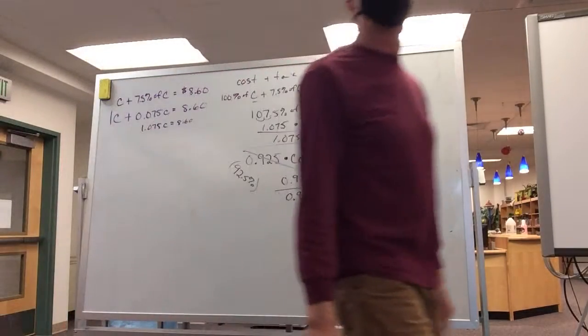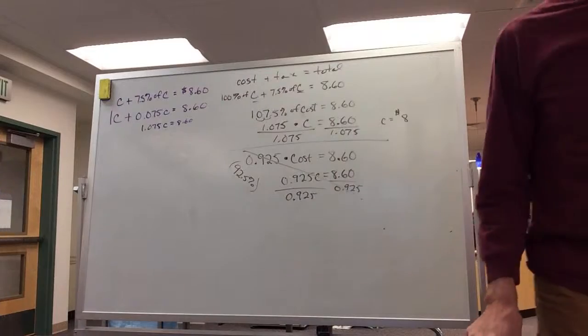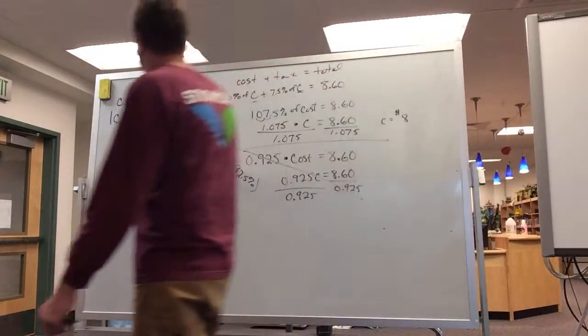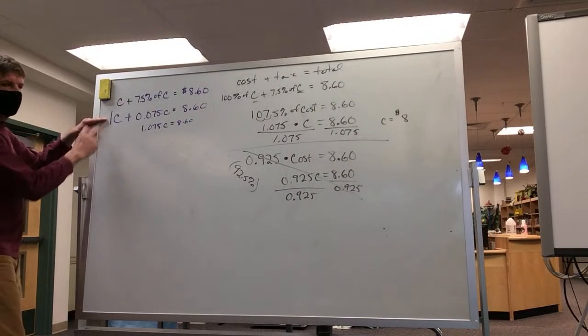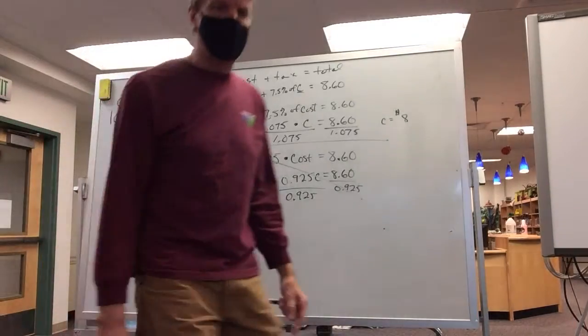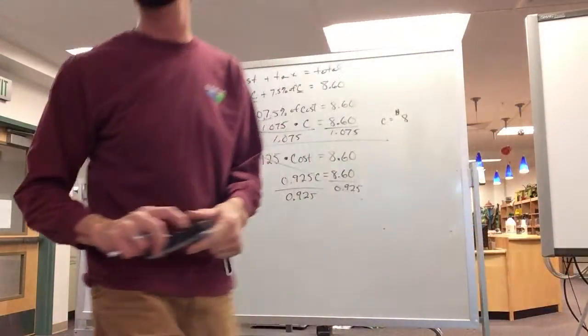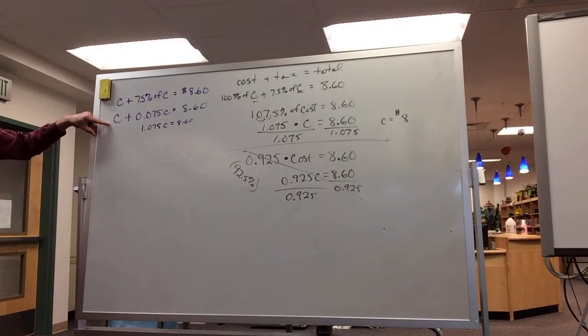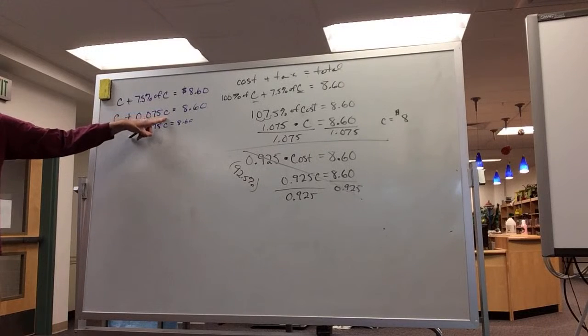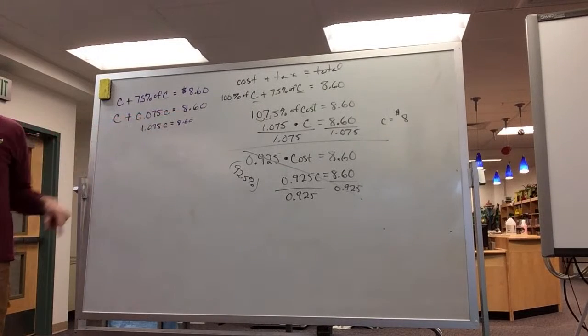Talk to me. What's your question? Could you do that next step again, after the first step? Yeah, so when I wrote it the first time through, I did not have the 1C, I just had C. Because I said the cost, which I don't know, call it a variable, plus the tax, which is 7.5% of the cost that I don't know, adds up to $8.60.